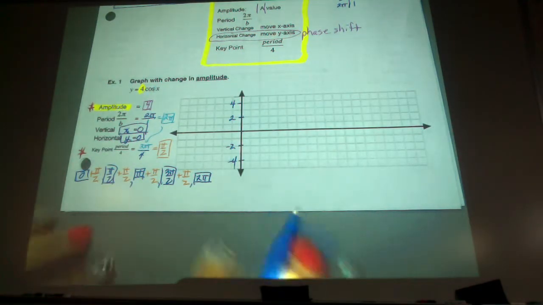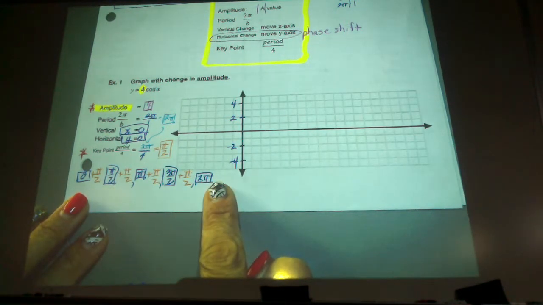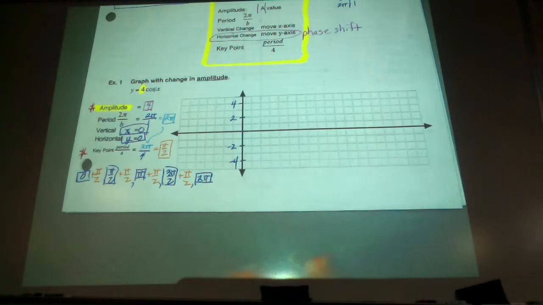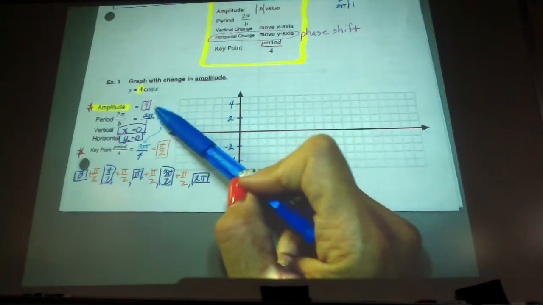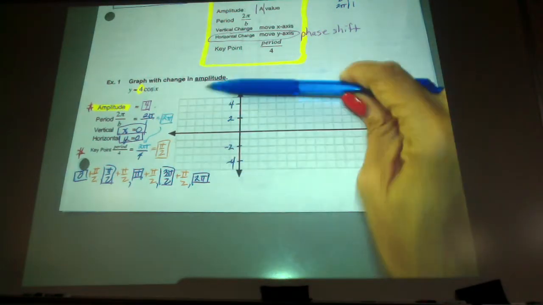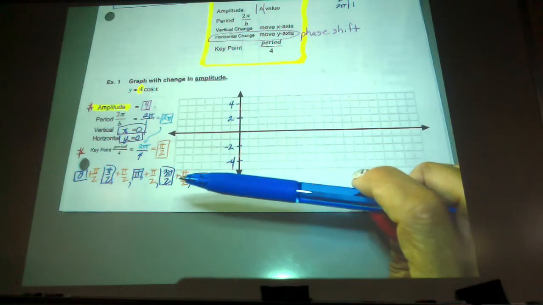All right, and then my x-axis is going to be my key points here. I like to spread it out a little bit so I have room to write and room for my graph to be plotted. Because I know I have to go up to 4. My amplitude is 4. So the amplitude tells me how high I have to go up. And you'll see me adjusting this depending upon what my amplitude is.